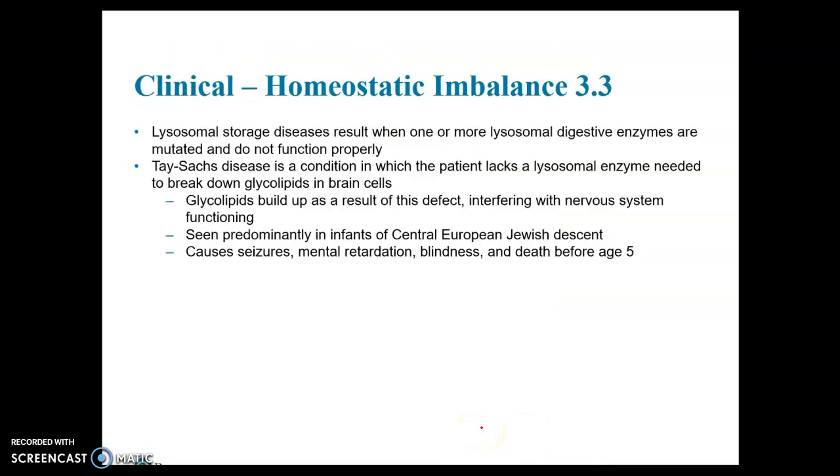Okay, homeostatic imbalance situation number 3.3. This is describing Tay-Sachs disease, which is a terrible disease in children. It's a genetic disease. Lysosomal storage diseases result when one or more lysosomal digestive enzymes are mutated and do not function properly.